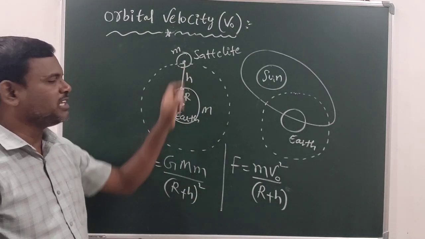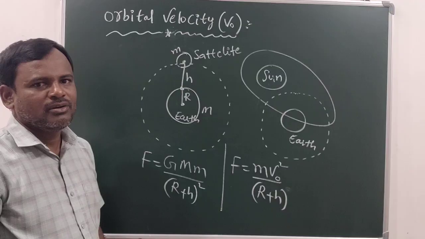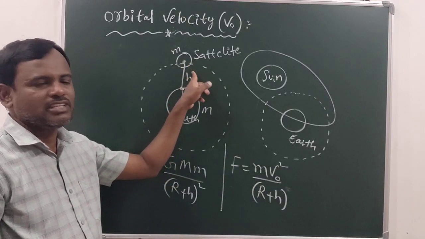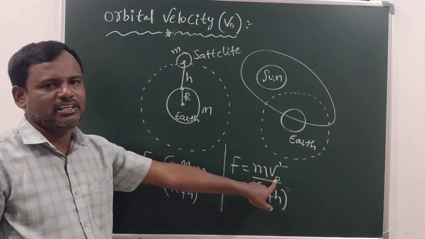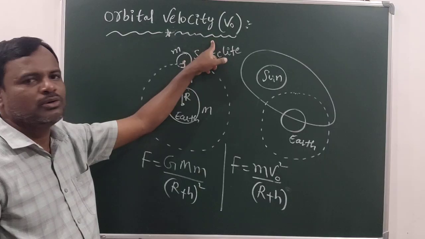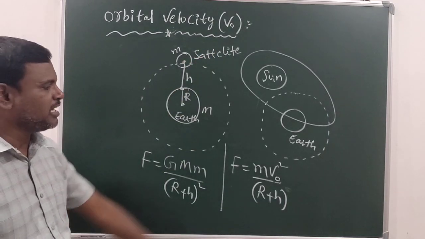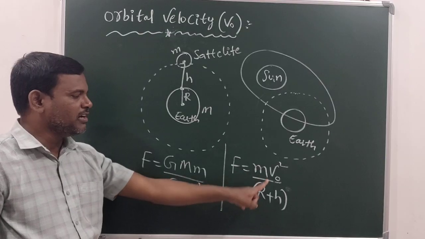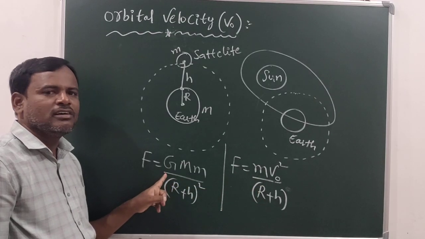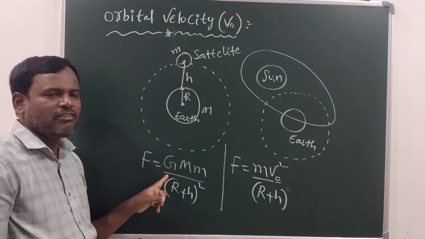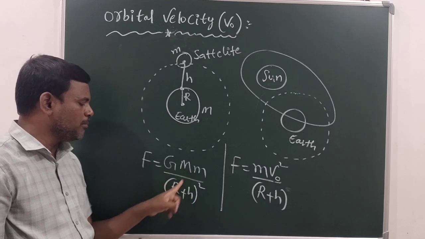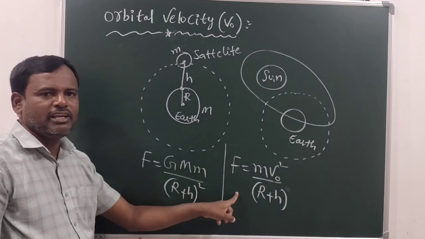Small m means mass of the satellite. Here velocity of that satellite I have taken as v naught, because our aim is to find orbital velocity of satellite. Hence I have written v naught here. m v naught square by r plus h. Here law of gravitation, capital G, capital M, small m by r plus h whole square. Both are equal.